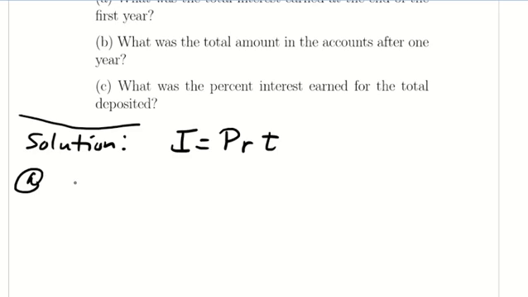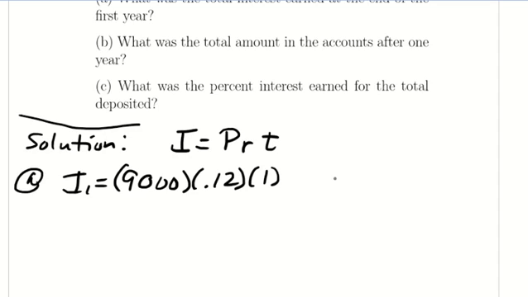So first thing is first, we need to figure out what the interest is for each account. On the one hand, she invested $9,000 into an account that earned 12% interest for 1 year. Of course, if we wanted to know how much she had in 6 months, we would put a half here. The t has to be in years because the rate is in years.